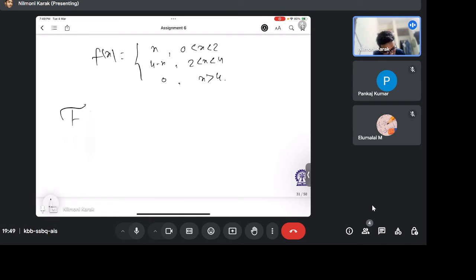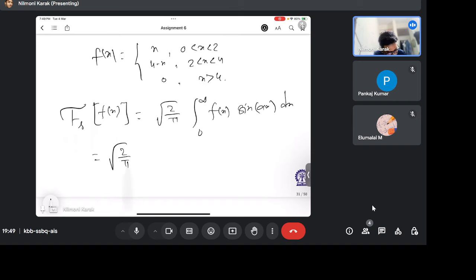So the Fourier sine transform is root 2 by pi, integral 0 to infinity f(x) sine alpha x dx, which is root 2 by pi times the integral from 0 to 2 of x sine alpha x dx plus the integral from 2 to 4 of 4 minus x sine alpha x dx.